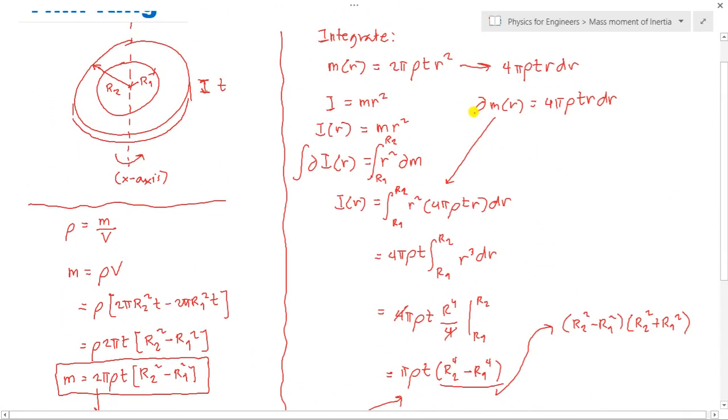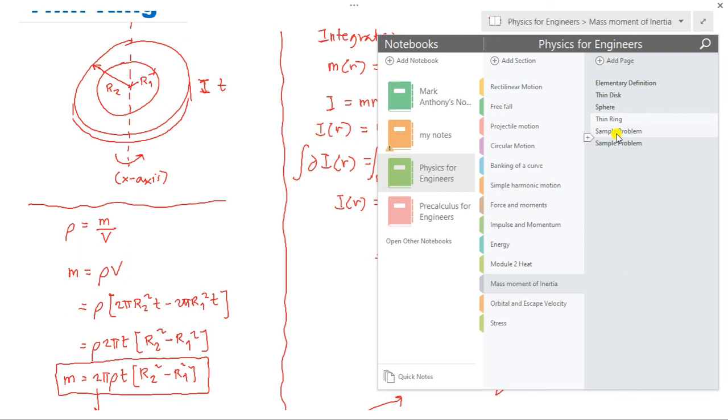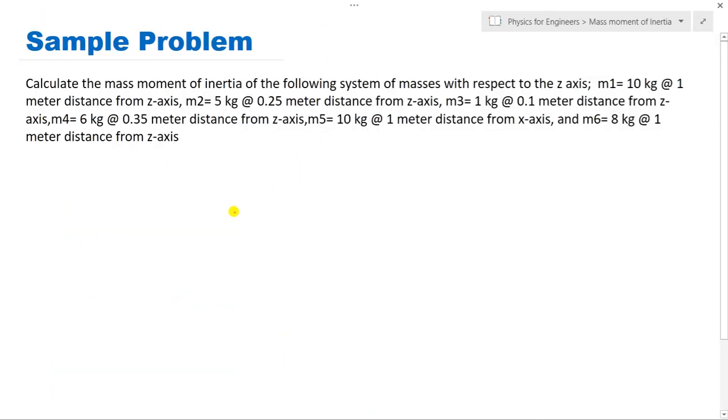Okay, so let's have an example problem for mass moment of inertia. This sample problem is using the elementary definition of the mass moment of inertia. Let's say we are going to calculate the mass moment of inertia of the following system of masses with respect to the z-axis.